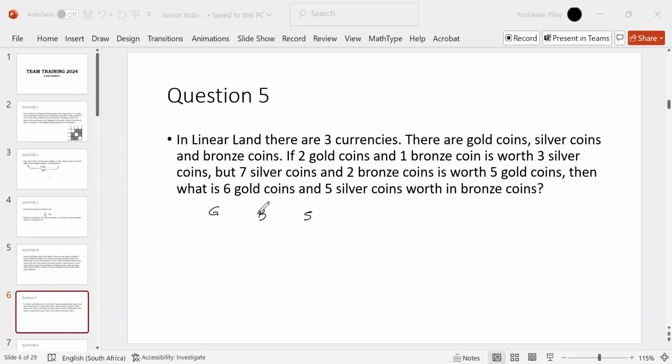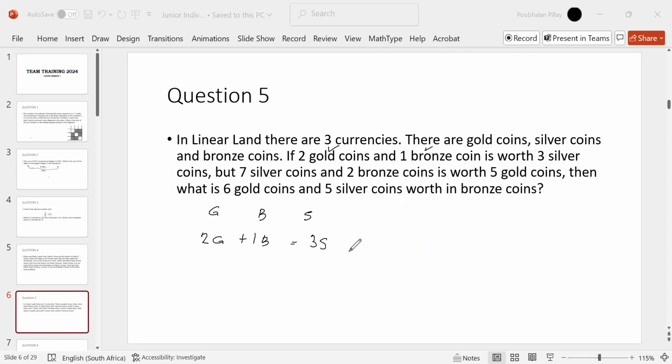In the beginning, they say 2 gold coins plus 1 bronze coin is worth 3 silver coins. So let's call this 2G, that's 2 gold coins, plus 1 bronze is equal to 3 silvers.